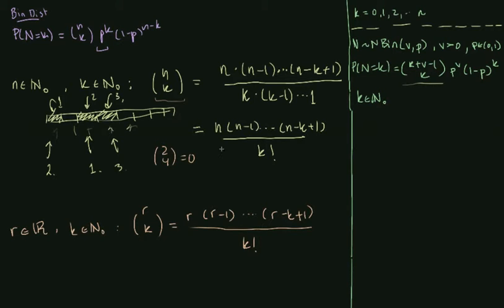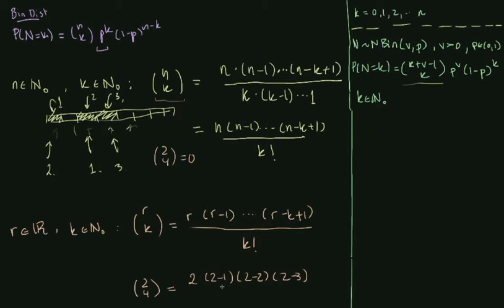Now, if I calculate 2 choose 4 using this completely general formula, then what I get is 2 multiplied by 2 minus 1 multiplied by 2 minus 2 multiplied by 2 minus 3, and that was the last one.